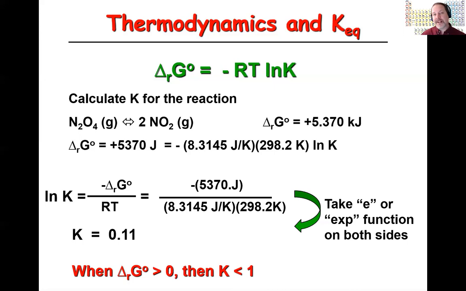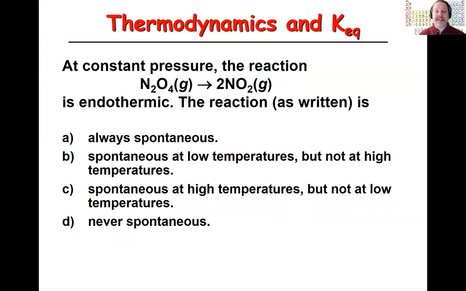So for equilibrium constants, 1 is sort of our reference. For delta G's, 0 is our reference because we're dealing with numbers that are positive and negative for Gibbs free energy. Equilibrium constants are always positive, but they are either greater than 1 or less than 1. Okay, so we see the connection here. A positive delta G is an equilibrium constant less than 1.